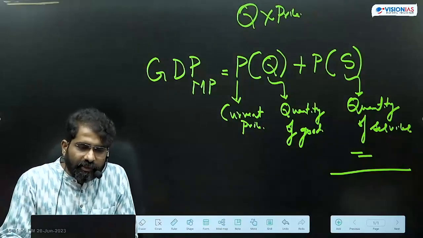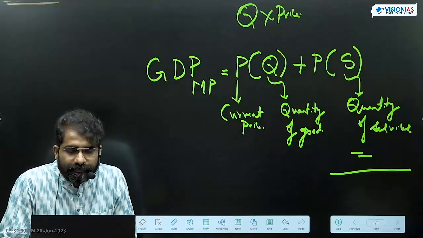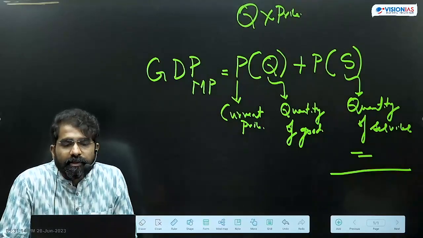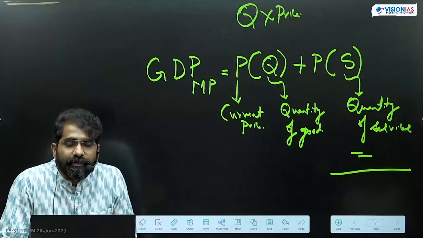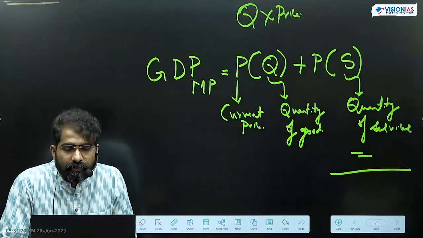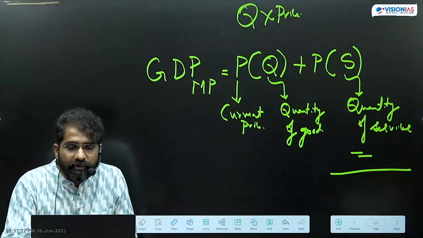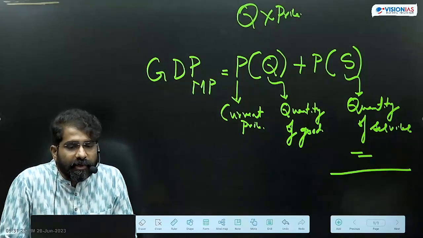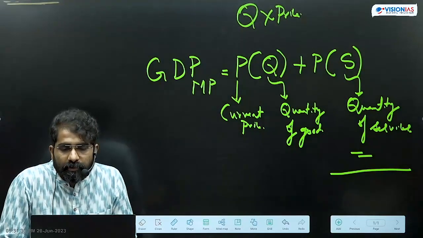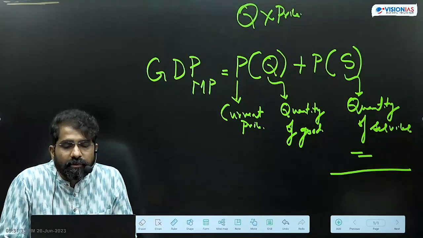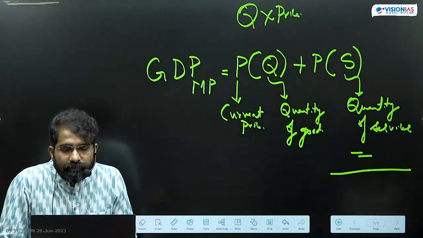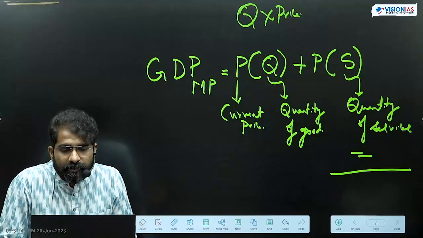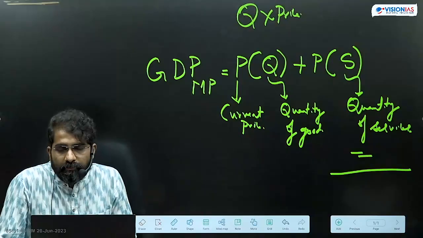Write down the next point. It is estimated by multiplying the gross product with market prices to arrive at GDP at market price.